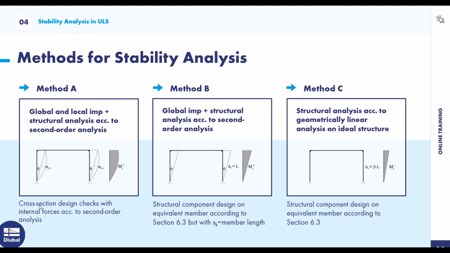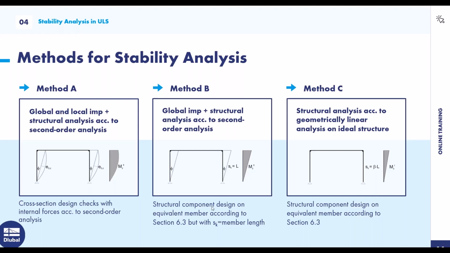And then you can do the cross-section design checks with the internal forces. Method B: global imperfection, which means only the initial sway imperfection. So, and then the structure analysis according to second order analysis.